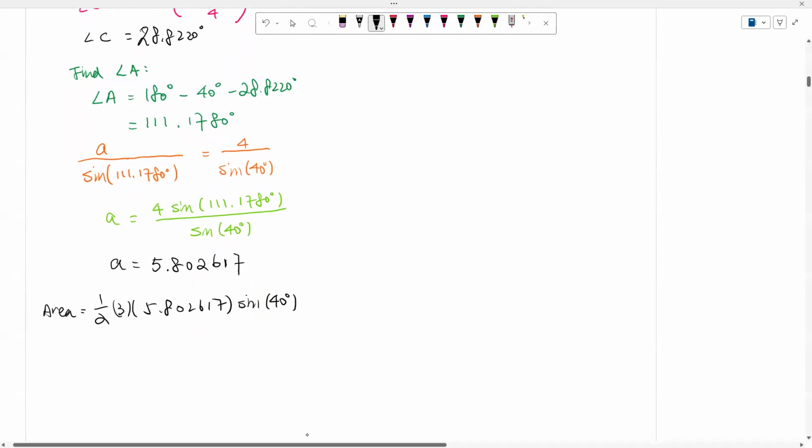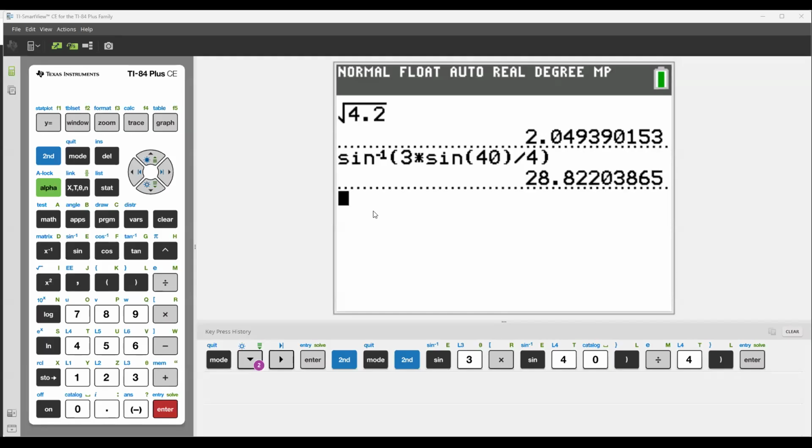So in this case, we could again use the calculator to help us find the answer.